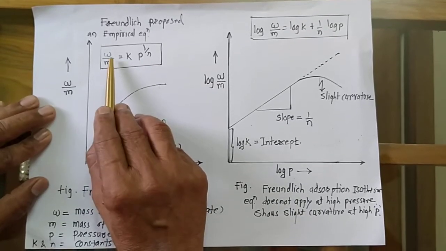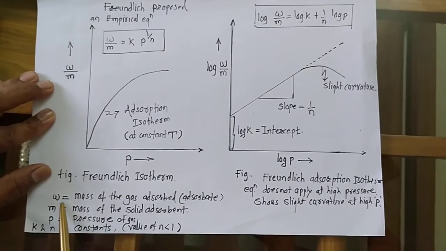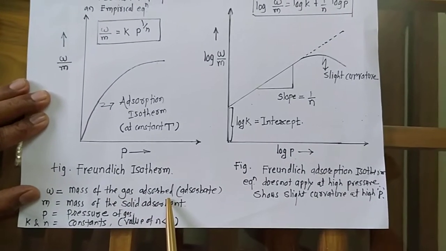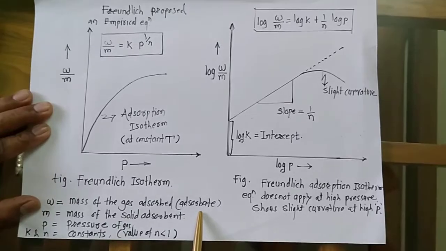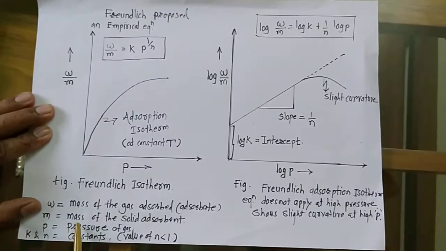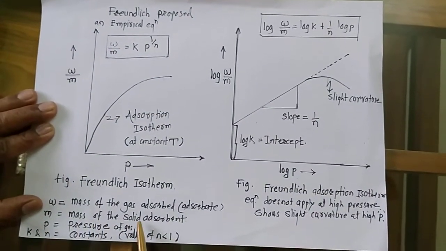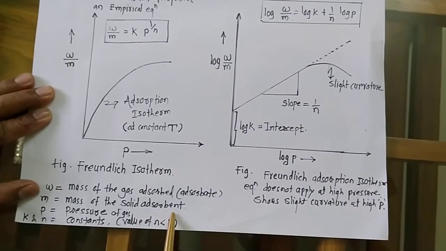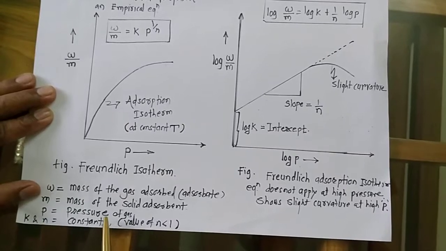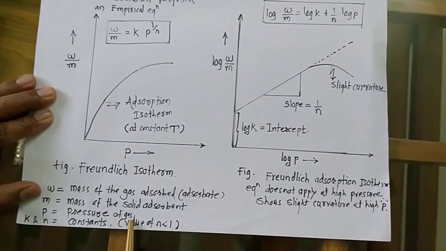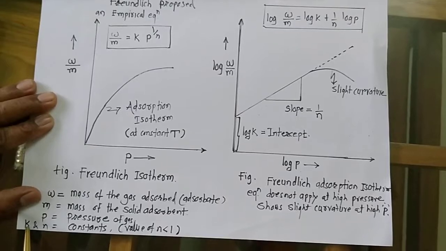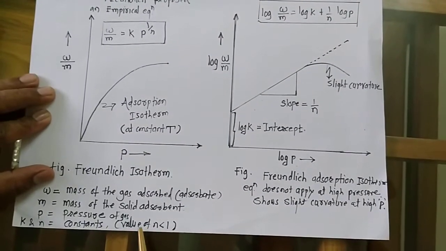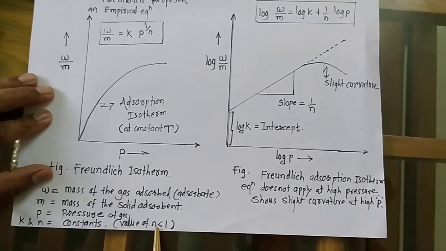Where W is the mass of the gas adsorbed, that means the adsorbate, and m is the mass of the solid, that is the adsorbent. P is the pressure of the gas, and k and n are constants, but the value of n is less than 1.